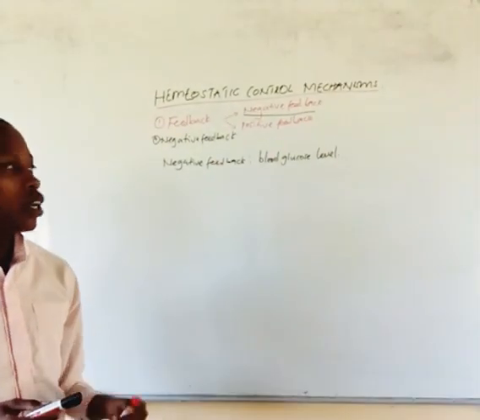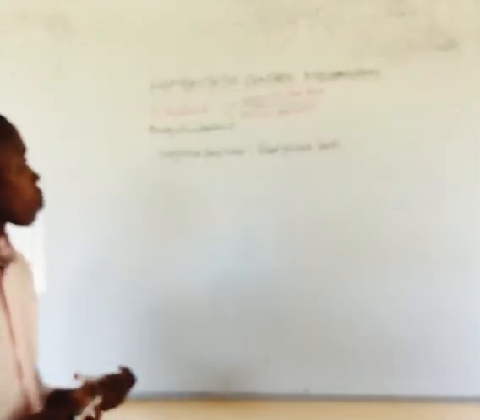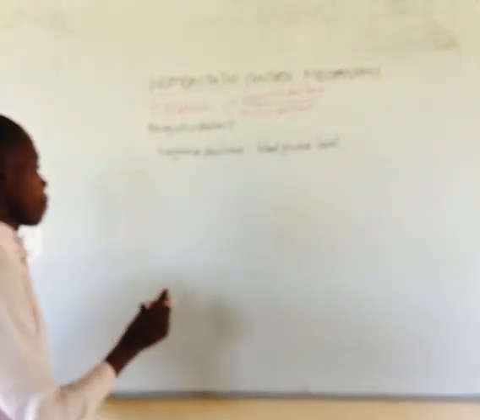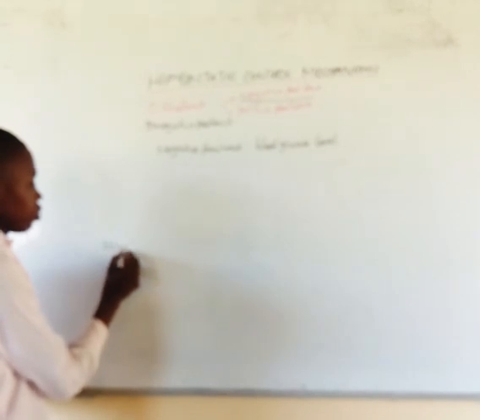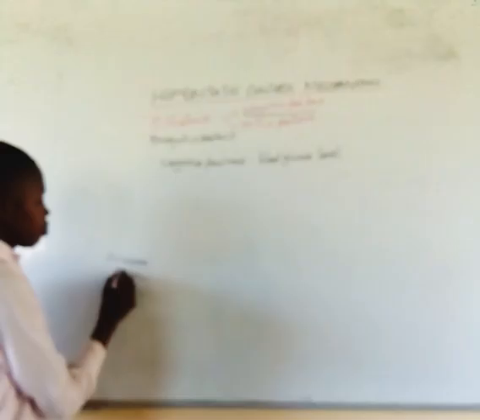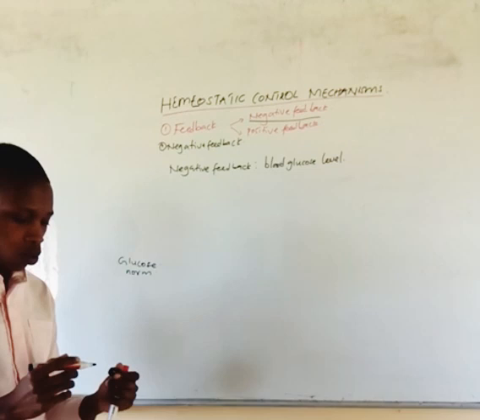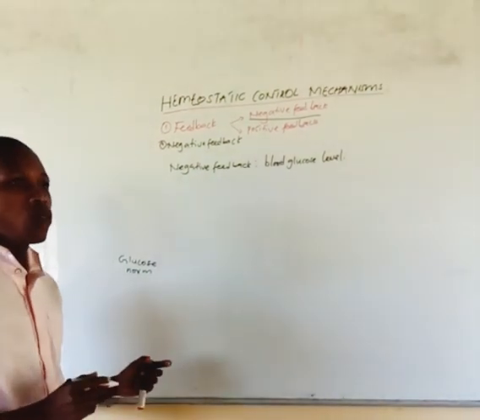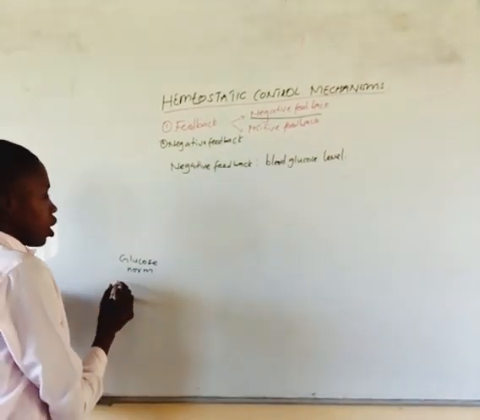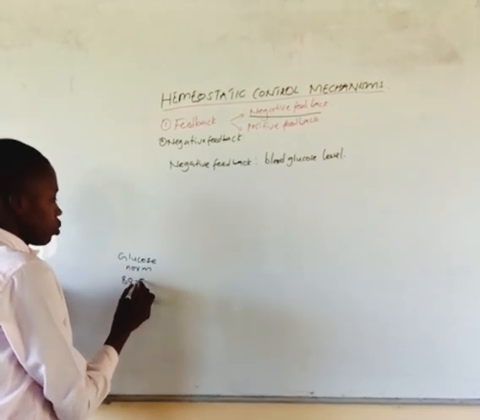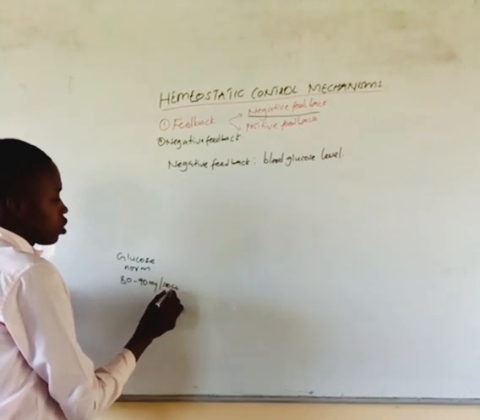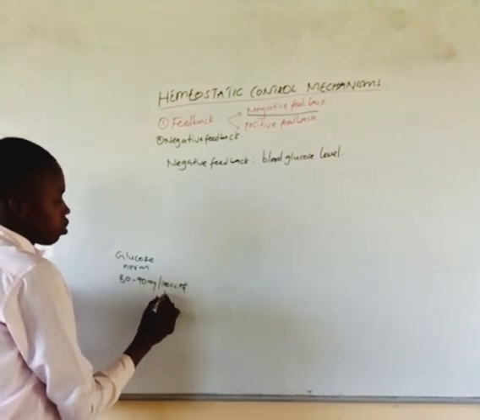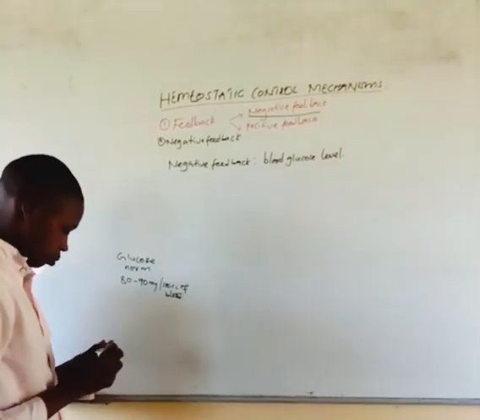In the case of blood glucose level, we shall look at a scenario when the glucose level is at the norm. It means the glucose must be kept between 80 to 90 milligrams per 100 cc of blood.